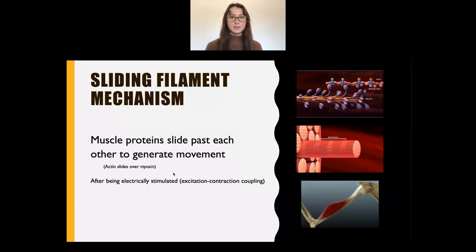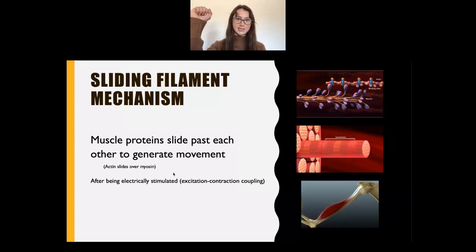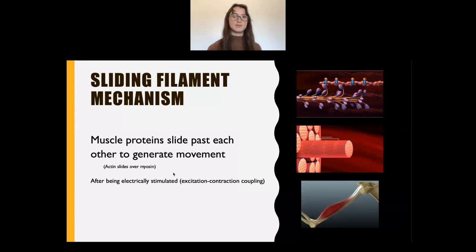Really, it's myosin attaching to actin, and actin is sliding over myosin. So we would say that actin slides over myosin, but the filaments are sliding to cause muscle contraction after being electrically stimulated. Excitation-contraction coupling. I know I'm being redundant right now, but I would rather be redundant than not specific enough, I guess.